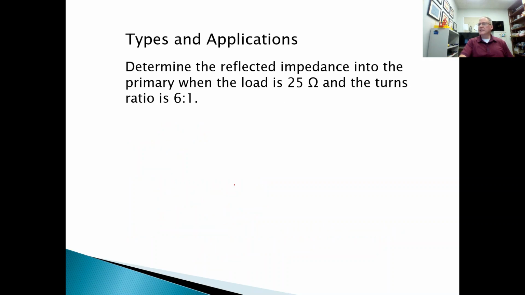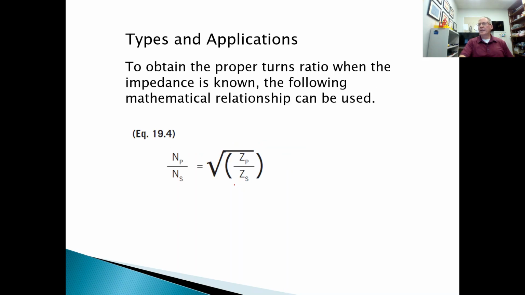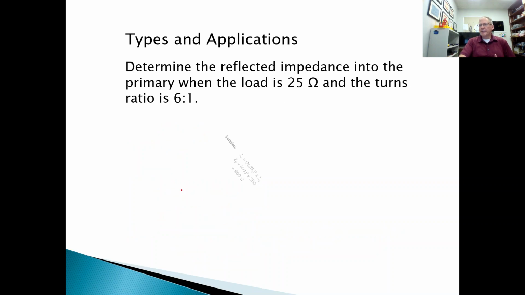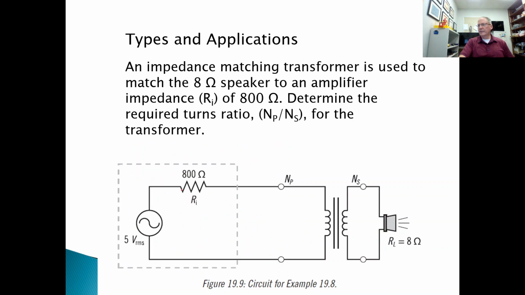So you're going to see some problems where they'll solve for ZP, and then here's if you take the square root of both sides, NP over NS equals the square root of ZP over ZS, right? If you come back here, you square both sides, or take the square root of both sides, and NP over NS equals that. So it's just some basic algebra to solve, to get these in the right way.